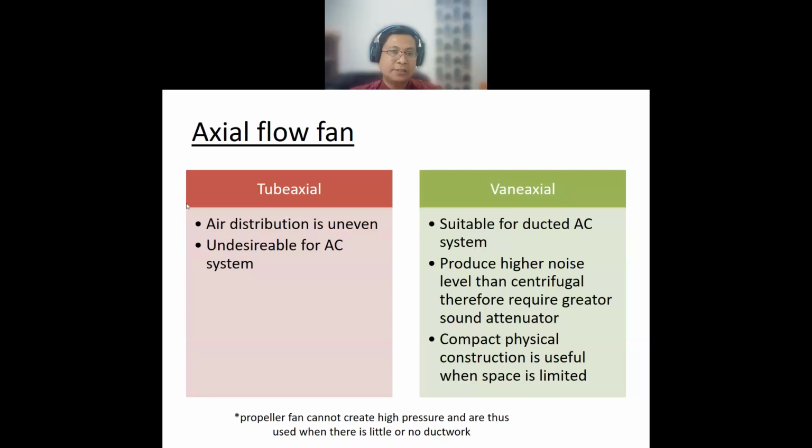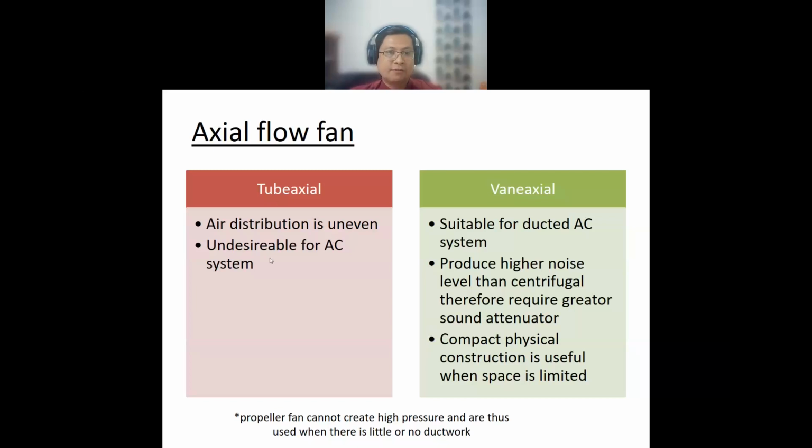So air distribution is the same like the normal fan. But the vane axial is more for the duct system. Undesirable for an aircon system. And the vane axial is for the aircon system. Okay, that's how we can differentiate between the tube axial and vane axial.